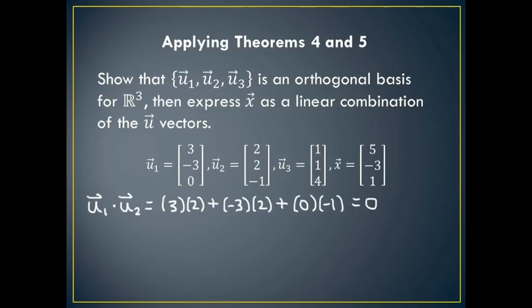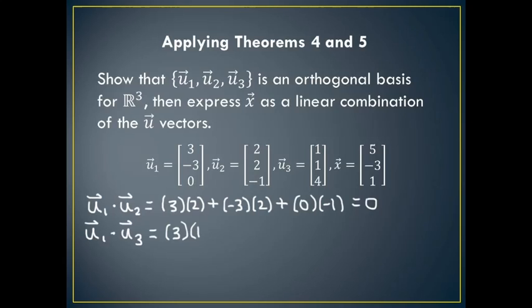To show that they're an orthogonal basis, I'm going to do dot products. So u1 dot u2, I do 3 times 2 plus negative 3 times 2 plus 0 times negative 1. So first entry is multiplied plus second entry is multiplied plus third entry is multiplied. I get 0. Perfect. I'm hoping the other two end up 0 also.